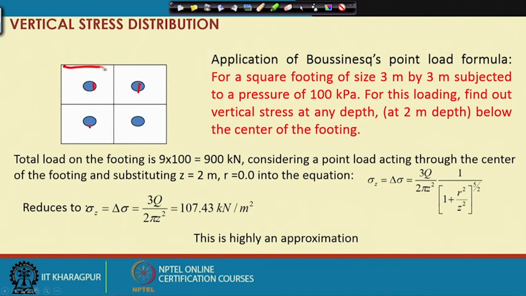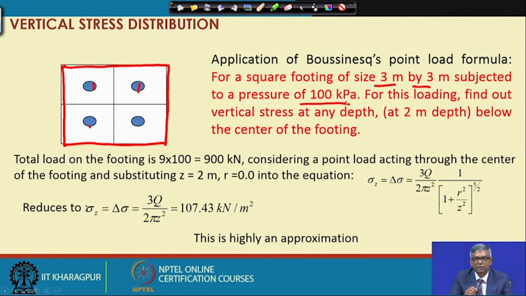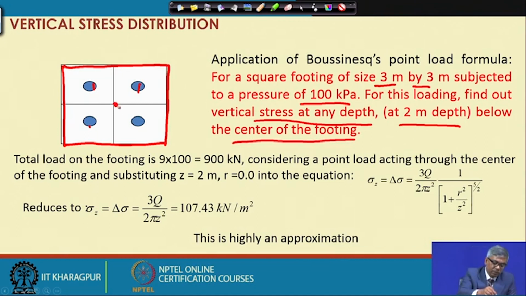You can consider this is the foundation, a square foundation, and suppose the dimension is 3 meter by 3 meter, and suppose load is applied 100 kilonewton per meter square, that is kPa. For this loading find out the vertical stress at a depth of 2 meter below the center of the footing. So I want to find out the stress vertically below the center of the footing. That is my requirement.